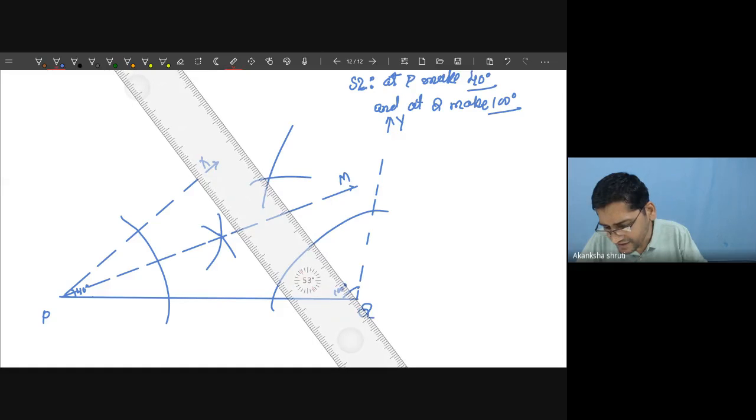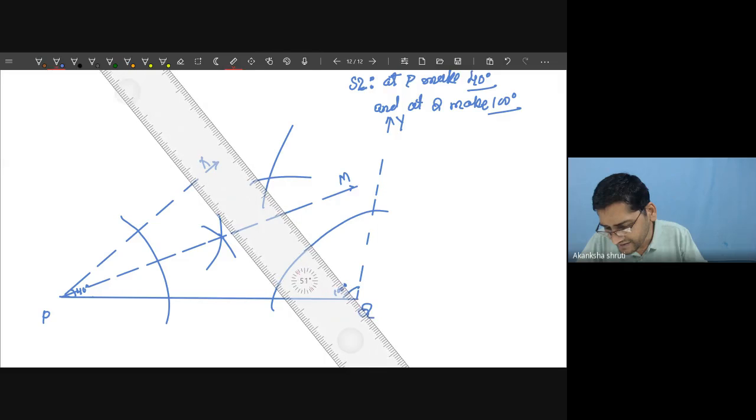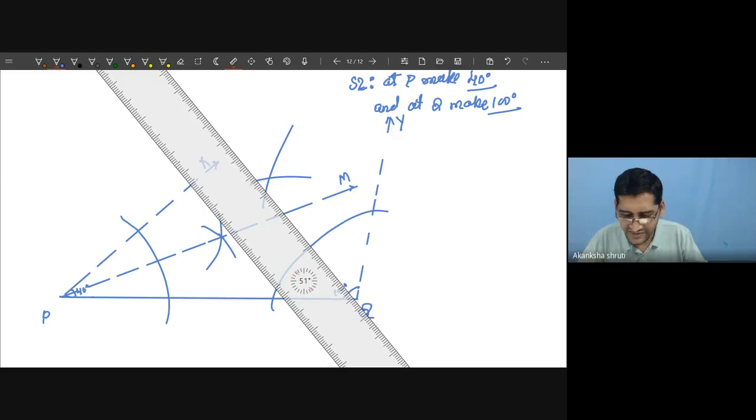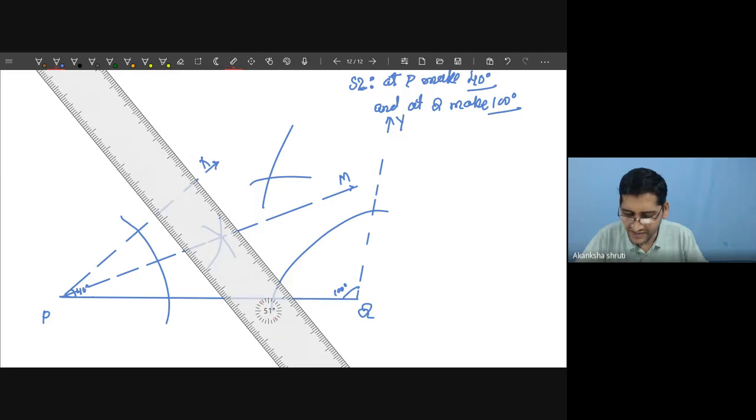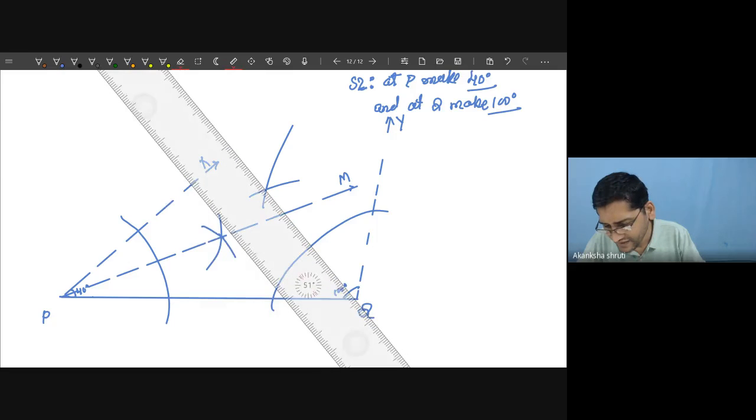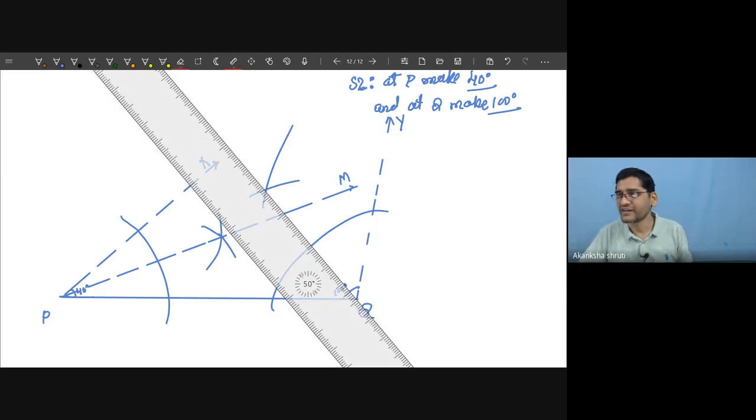It is nearly 50 degree now. That was 100 degree. So I can draw the exact one by this. It will cut somewhere here, not that one. See, it is our 50 degree. In our scale there is also the angle of inclination.